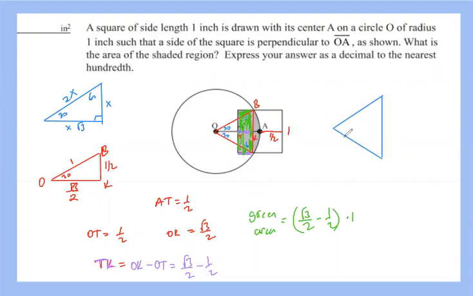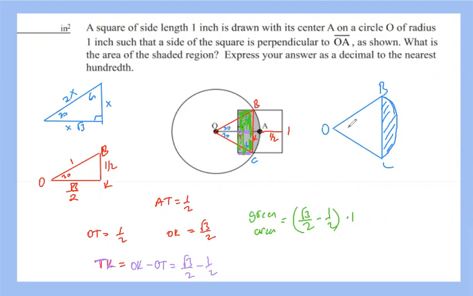And then we know this is O, this is B, and let's say this is C. And I do have a circular piece. Then I just need to know this region, because we know we got this green area. If I find this region as well, I can combine those two to get my shaded region.